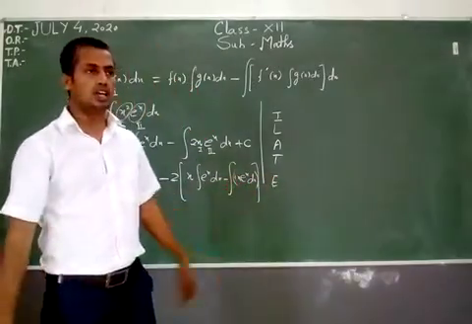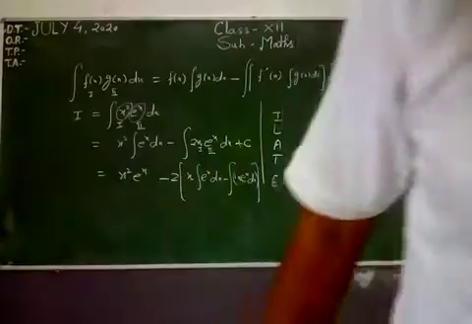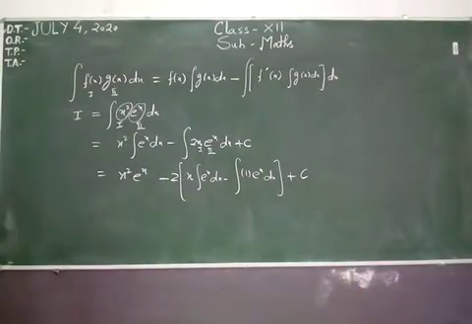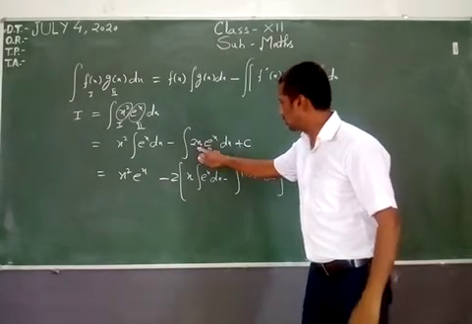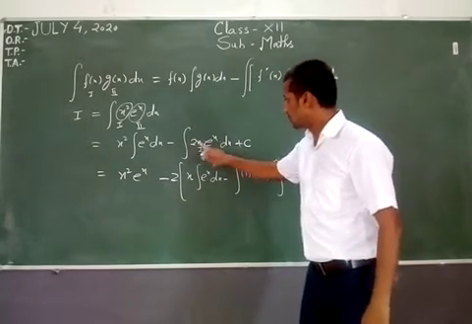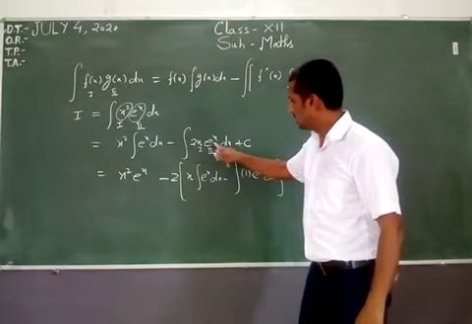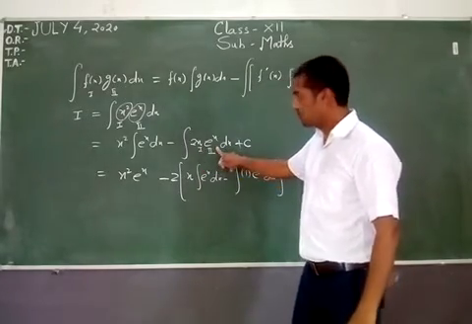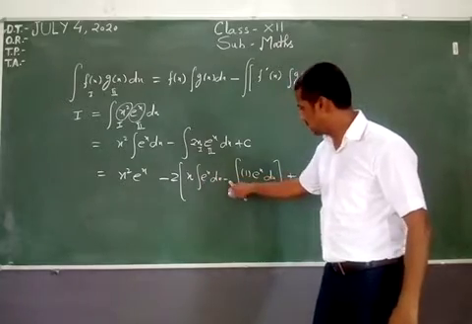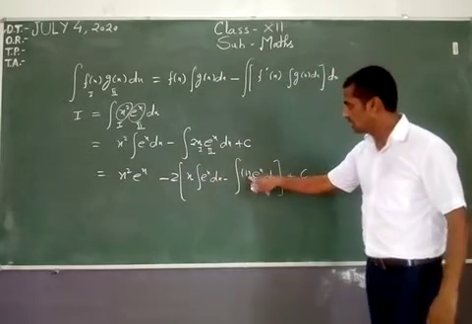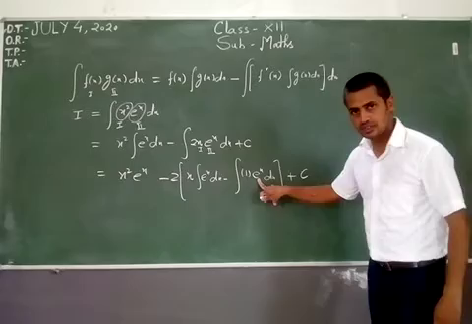We have the integration of the product of x into e power x, with x as first and e power x as second. We have chosen: first as it is, integration of second, minus integration of derivative of first, integration of second.